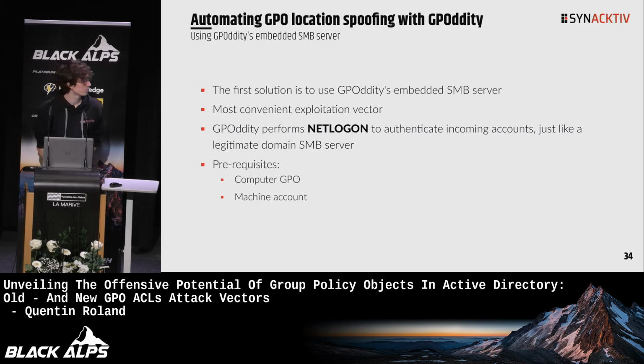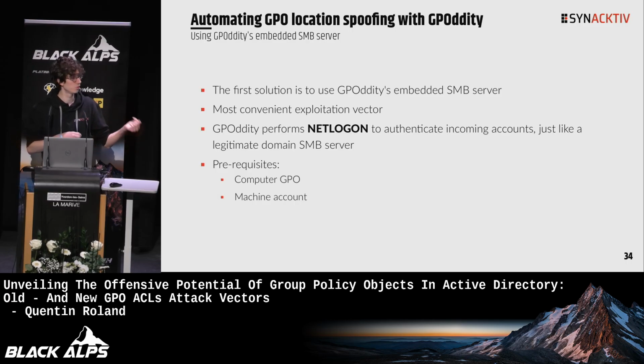The first solution is probably the most convenient one, because it is implemented directly in GPODT. So GPODT is actually implementing an embedded SMB server that will perform some netlogon exchanges with the domain controller. So just a reminder, netlogon is the authentication protocol that is used, for instance, by legitimate servers or services on the domain to authenticate incoming clients.